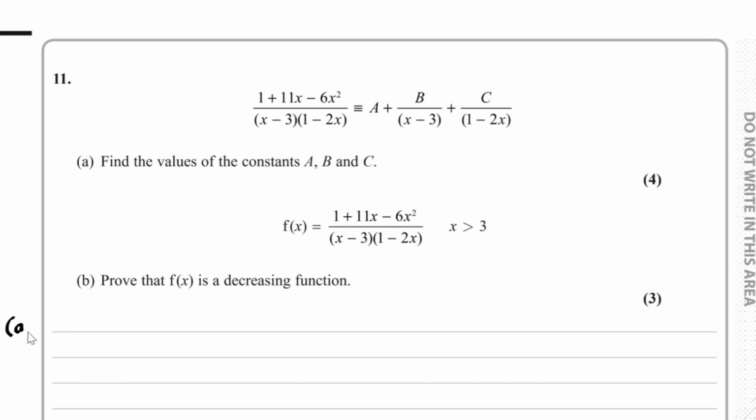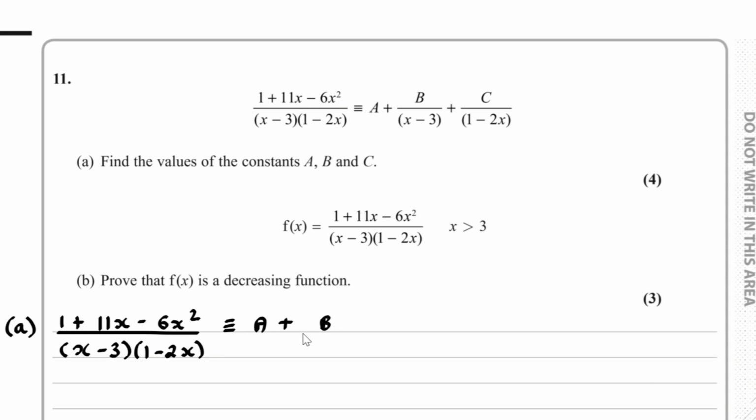So for part A, we begin with the 1 plus 11x subtract 6x squared divided by x minus 3 times 1 minus 2x, and this is equivalent to a plus b over x minus 3 plus c over 1 minus 2x.